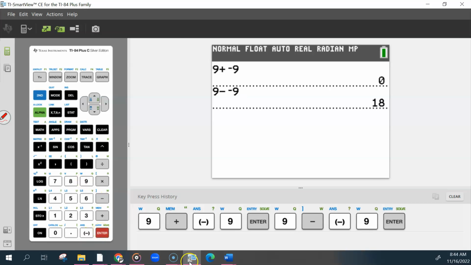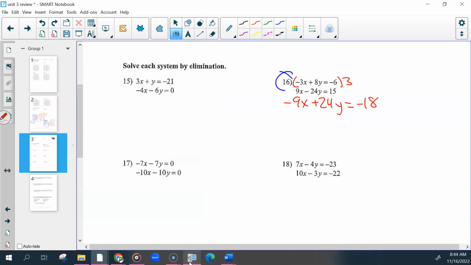So I would have to add the two equations together so that these cancel. Negative 24 plus 24, those would also cancel, leaving just 0. And 15 plus a negative 18 would be negative 3. And what type of solution would that be? No solution.